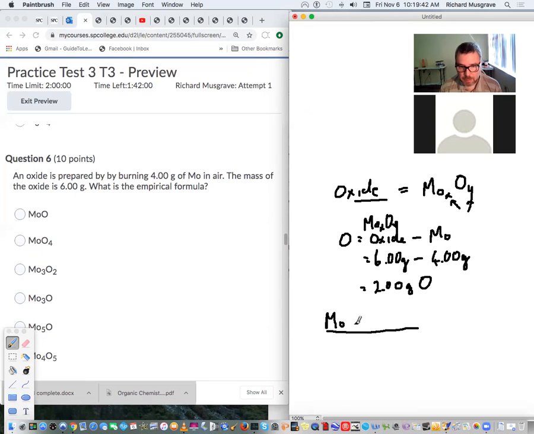So then we go ahead and we do what we need to do here. We do MO, we do O. The number of grams of MO is given in the problem, 4.00 grams. And O is 2.00 grams. The moles, you'd figure out the moles, and then it's pretty much exactly the same as what we just did.